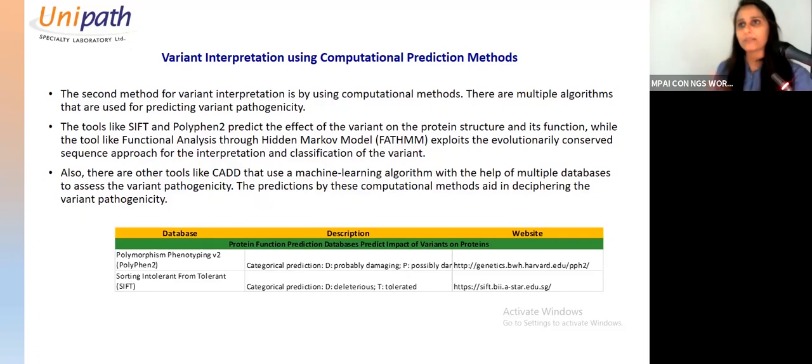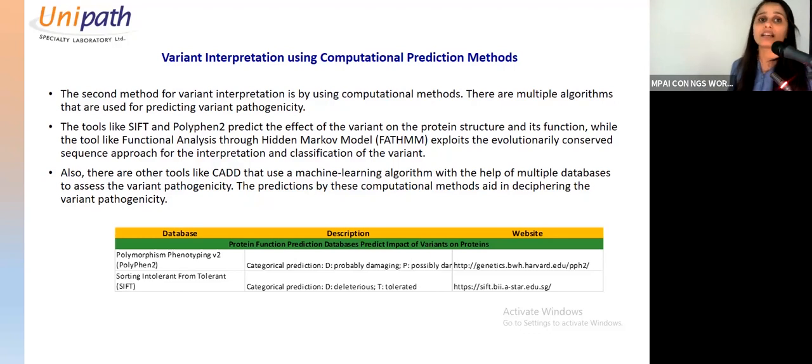It gives you an idea in terms of whether it is damaging or tolerable. Tolerable means the mutation is not causing much damage. But it is just a probability, so you cannot consider just this criteria.